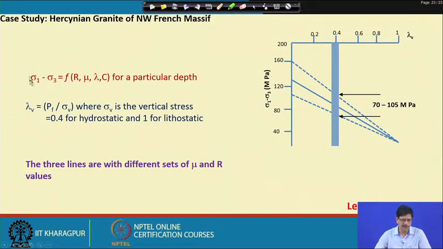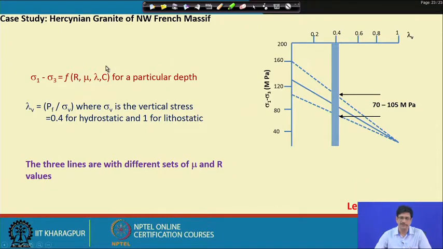So, normally we are interested in getting the value of sigma 1 minus sigma 3, that is the difference between the maximum principal stress and the minimum principal stress, and that is an important parameter in understanding the deformation process in any crustal rock.